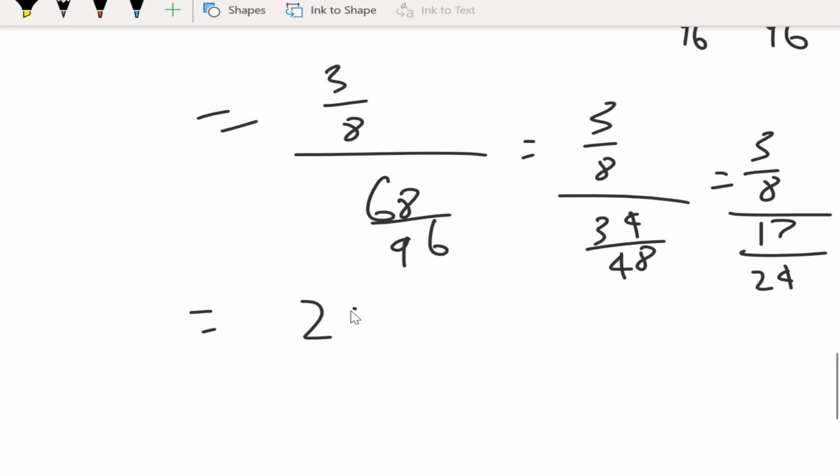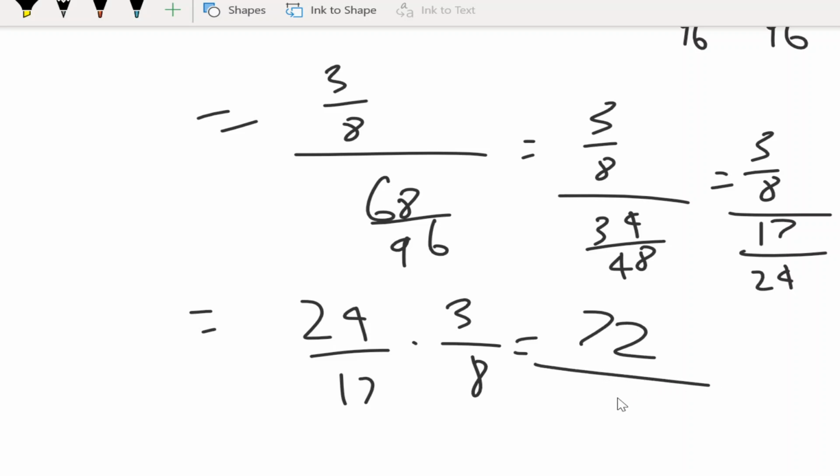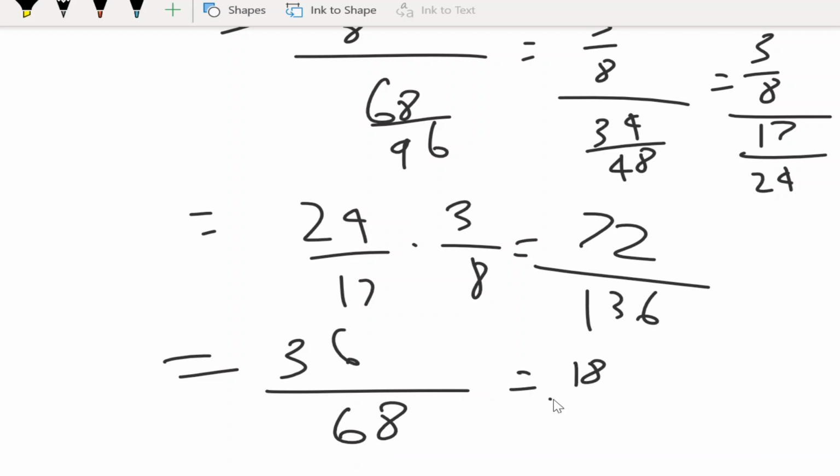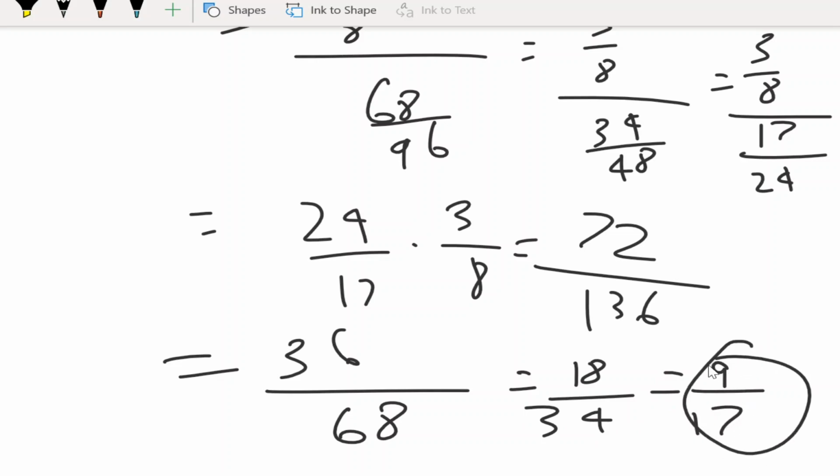That equals 24/17 times 3/8, which is 72 over 136, which is 36/68, which is 18 over 34, which is 9/17, and that's our answer. I do it step by step.